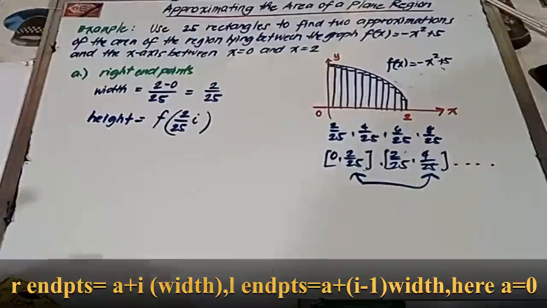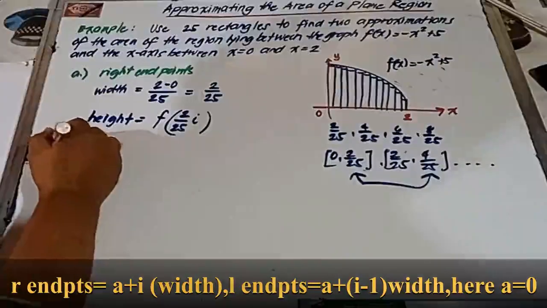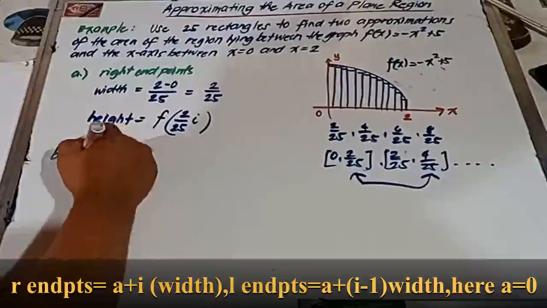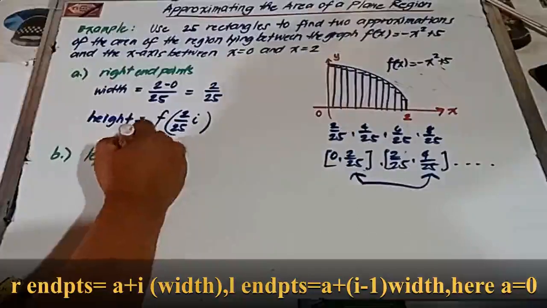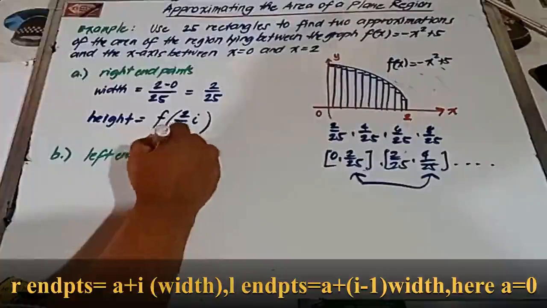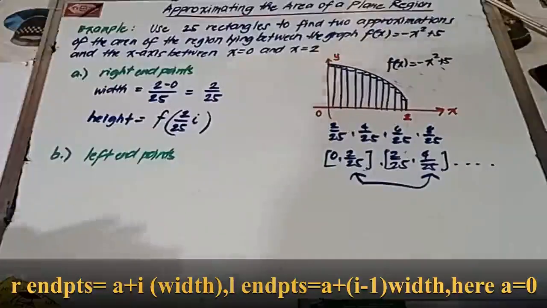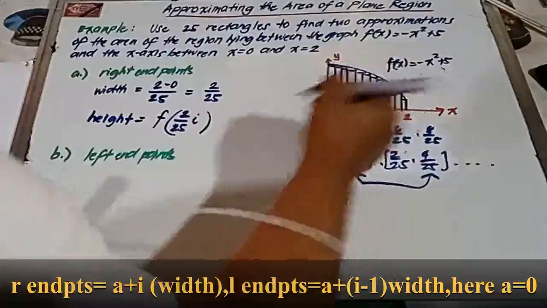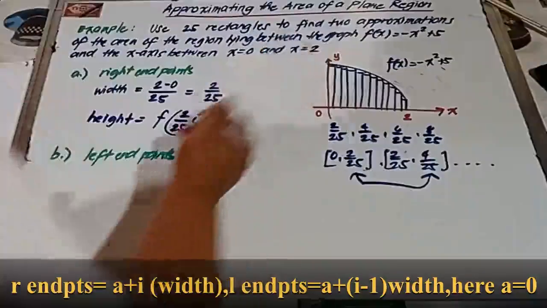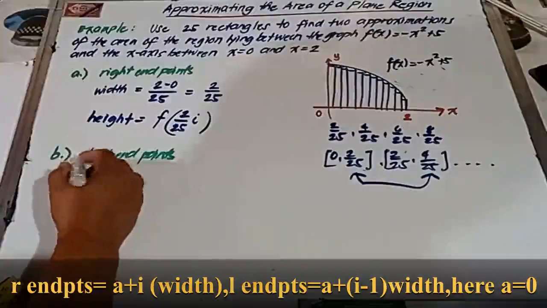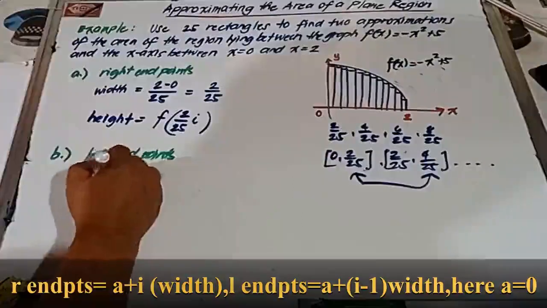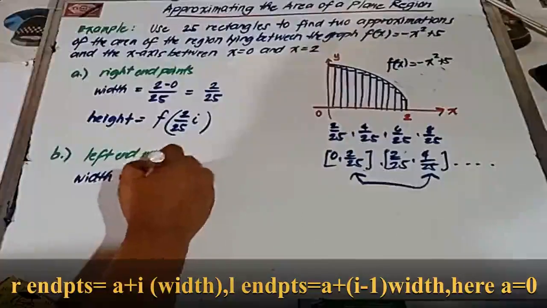For the left endpoints, narito na rin naman tayo. Left endpoints natin. Ang width natin, same pa rin. Nakalabas lang yung ating rectangle, lampas doon sa ating region. So, ang width natin is the same, 2 over 25.